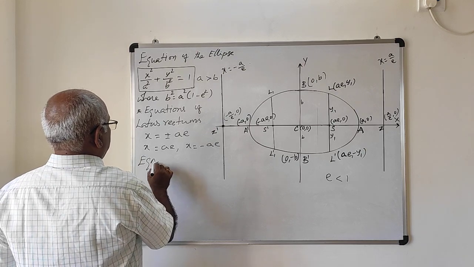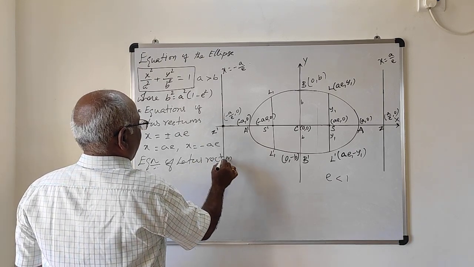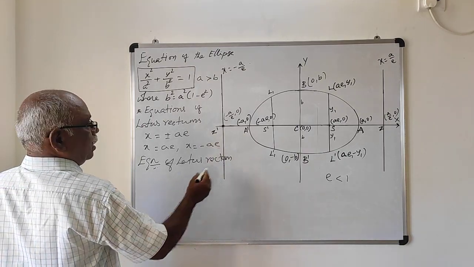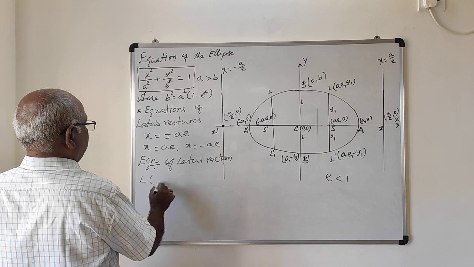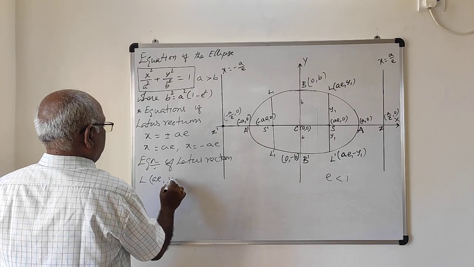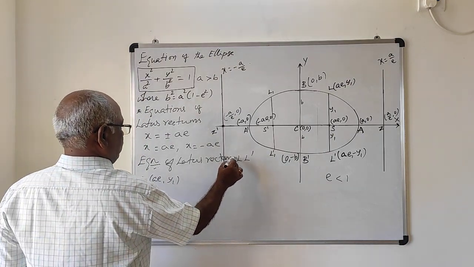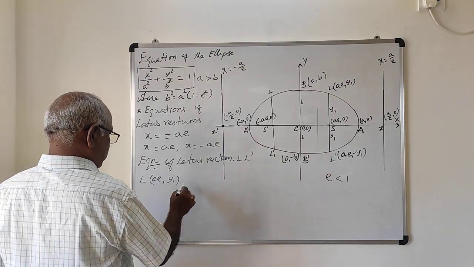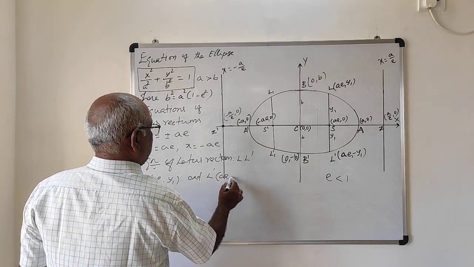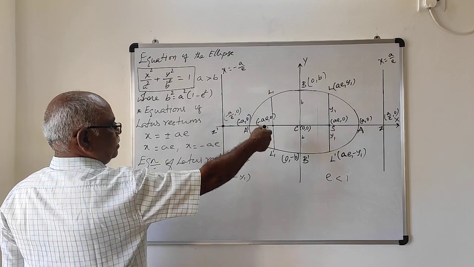Next, equation of latus rectum. L dash L: L(ae, y1) and L dash (ae, minus y1) are the points on the ellipse.